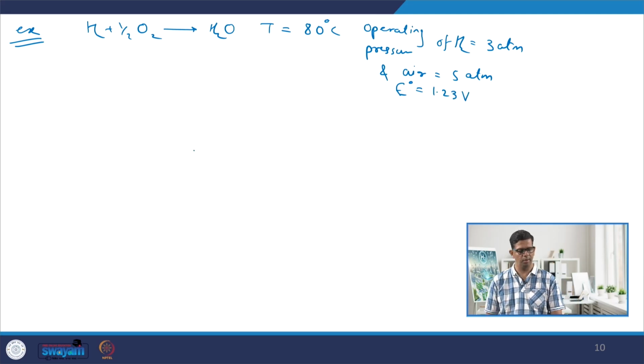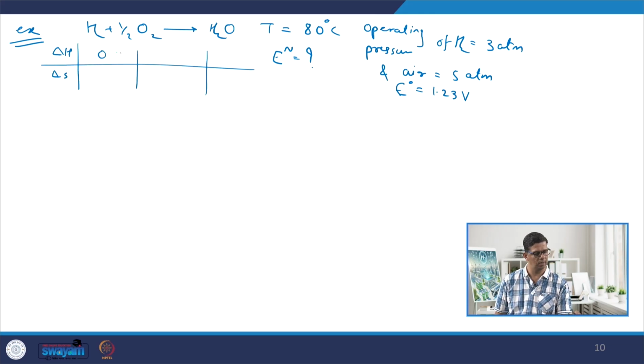So we have to find out the Nernst potential at these operating temperatures and pressures. So we need to find this out. Let me write this on this side. E_N is to be found out. So, let us use the enthalpies and entropies.